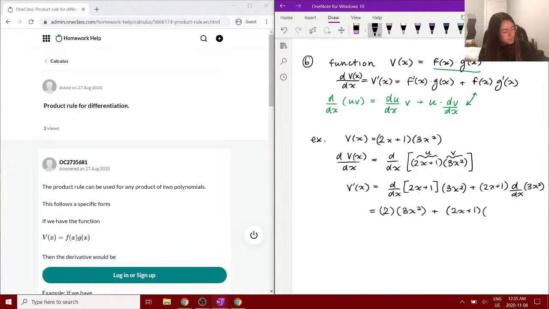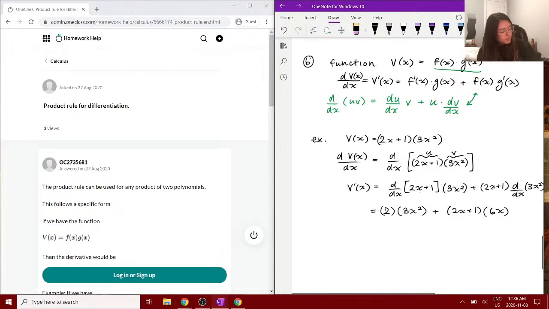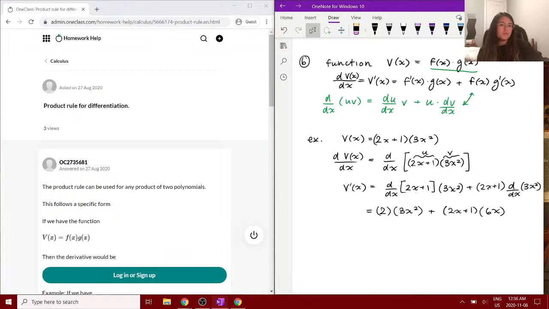Derivative of 3x squared is 6x. Remember, using the power rule, we multiply 3 times the exponent 2, which would give you 6. And then subtract 1 from the exponent. So instead of to the power of 2, it's now to the power of 1.